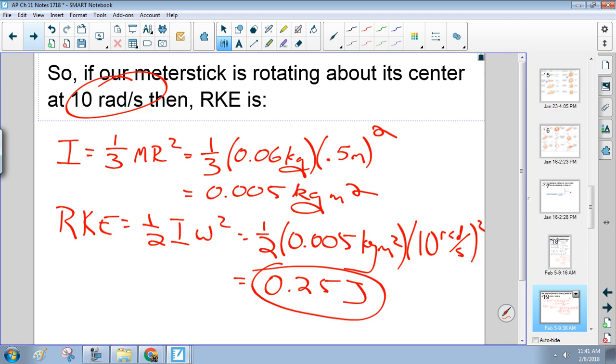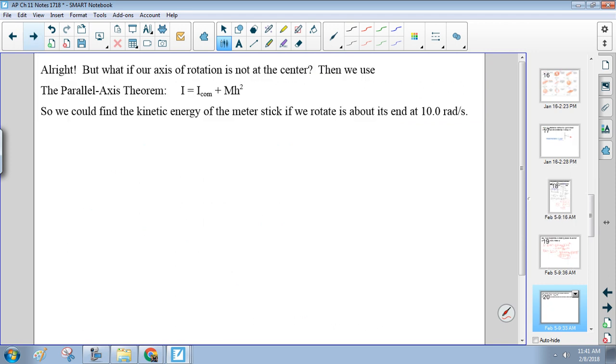All right, now, the next thing that we want to do is this. What if the axis of rotation was not at the center? In order to figure this out, you have to use what's called the parallel axis theorem. This is super handy, okay? The parallel axis theorem. All right?